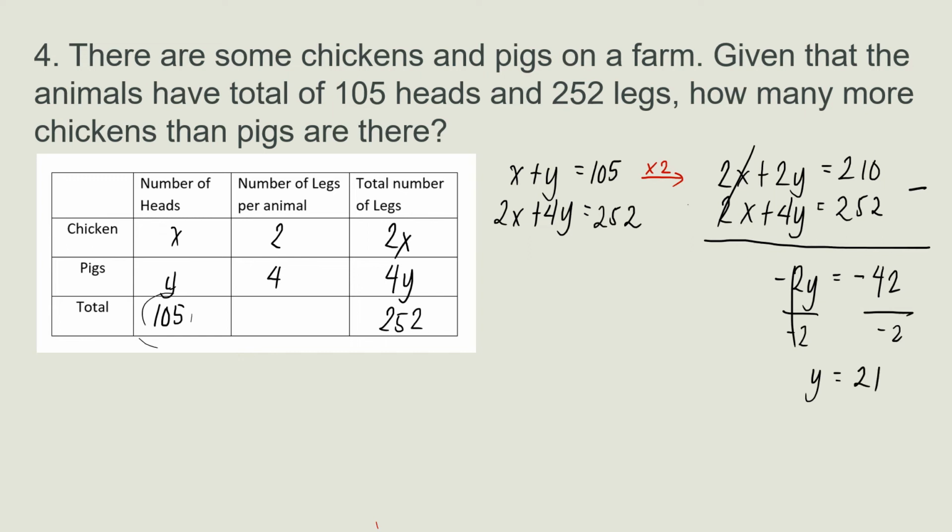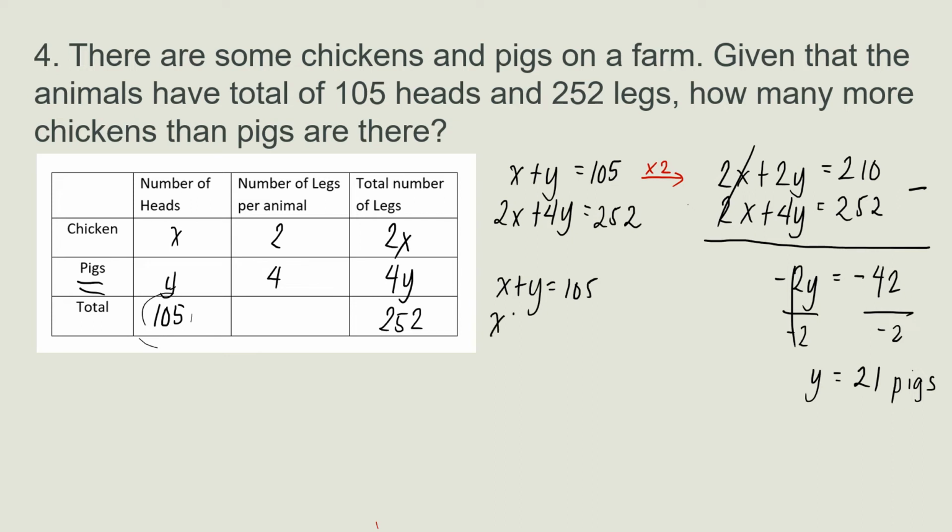Remember, from our representation, we use y for the number of pigs. So there are 21 pigs there. Now let us find the number of chickens. It's easier to substitute using the first equation, x plus y is equal to 105. Substitute 21 there.